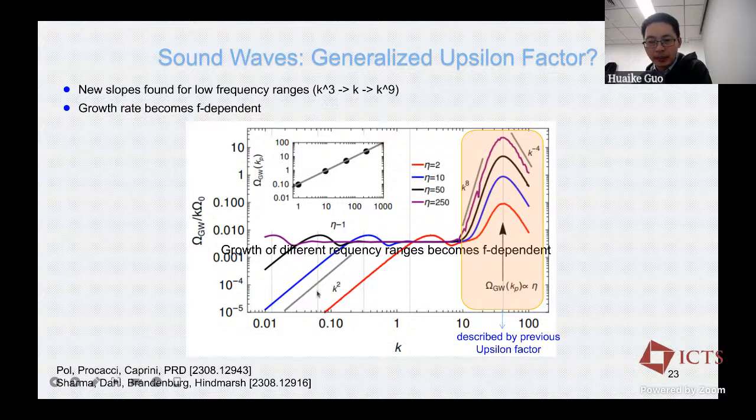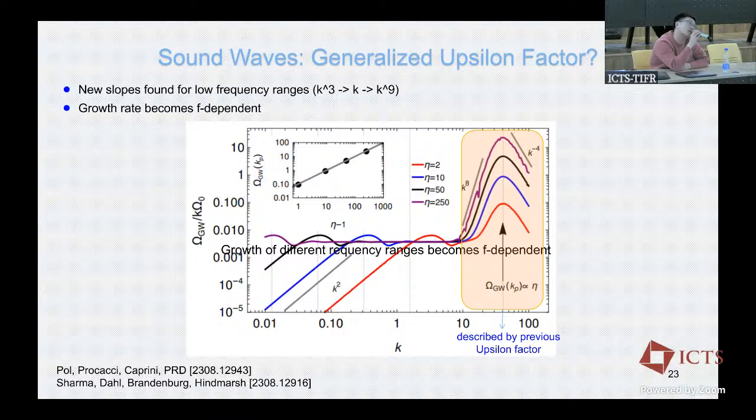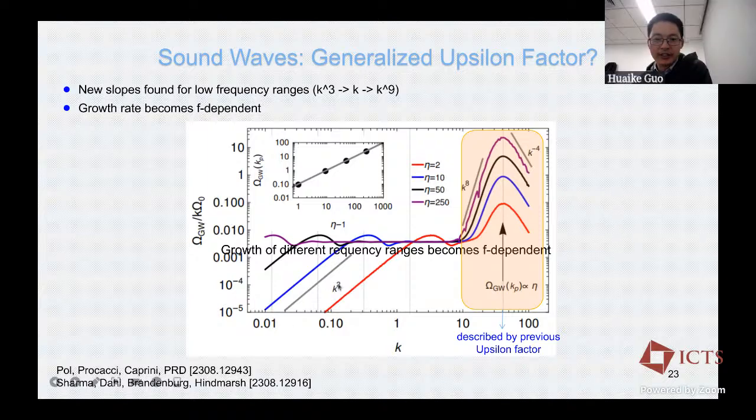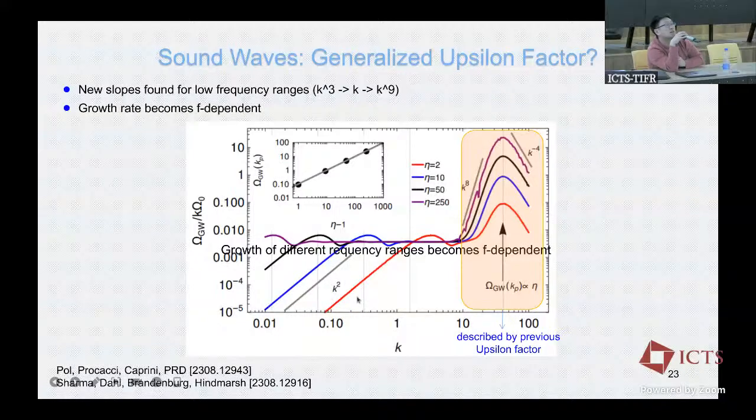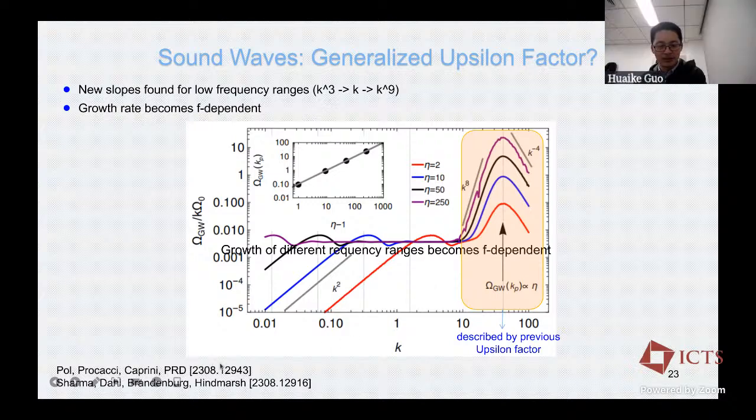Is this normalized by k times some constant? Yes, you're right. So it's k to k squared, right? I see. Thank you. This is taken from, I think, Kara's paper.